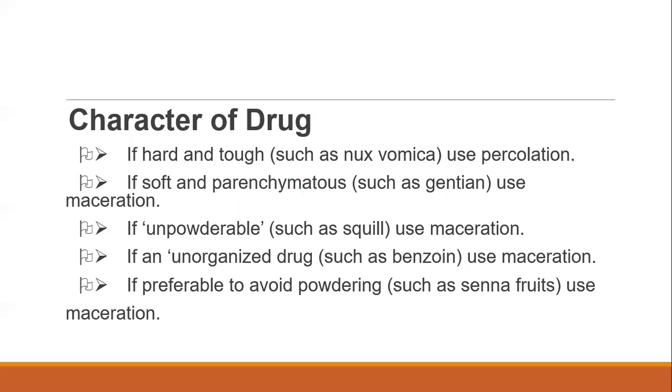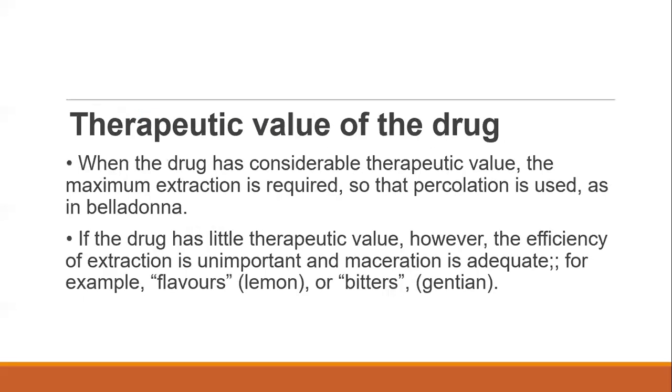If soft and parenchymatous, like gentian, we use maceration. If unpowderable, such as squill, we use maceration. If an unorganized drug, such as benzoin, we again use maceration. If it is preferable to avoid powdering, such as senna fruits, then again we use maceration.